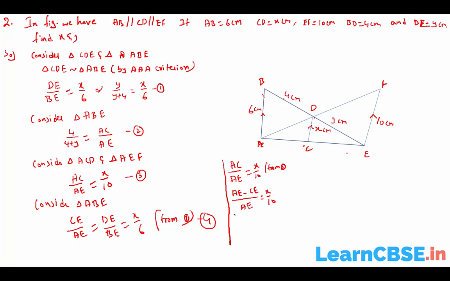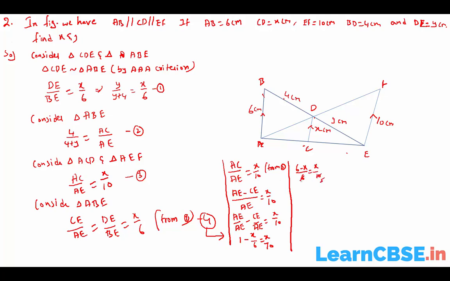Now split this, AE by AE minus CE by AE equals x by 10. That means 1 minus CE by AE is nothing but x by 6 from this, so 1 minus x by 6 equals to x by 10. Now solve this properly. Take LCM. 6 minus x by 6 equals to x by 10.